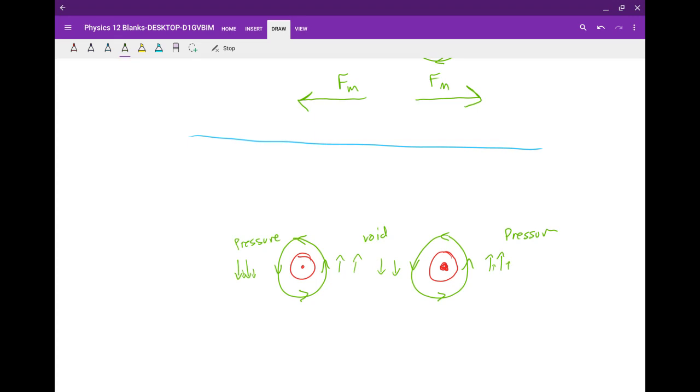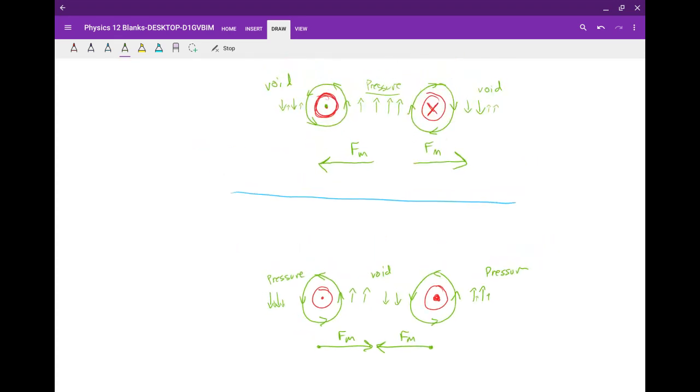And so as a result, you get a void in the middle and pressure on the edges. These wires actually experience a magnetic force that will push them towards each other. And so, in a way, the rule of thumb is if you've got opposite currents, then they will experience magnetic fields.